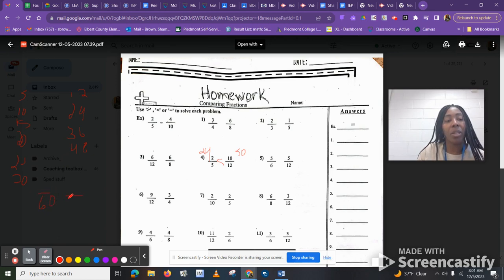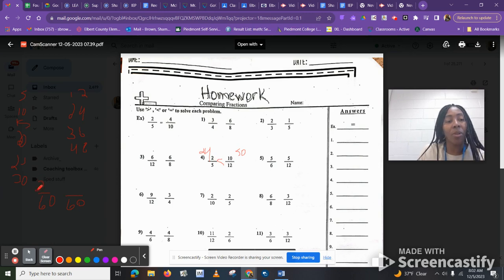So it's going to be something over 60 on both sides. I'm sorry, I keep going down. I'm up here. 5 times, what is 60? 5 times 12 is 60. So I need to do times 12 up here.